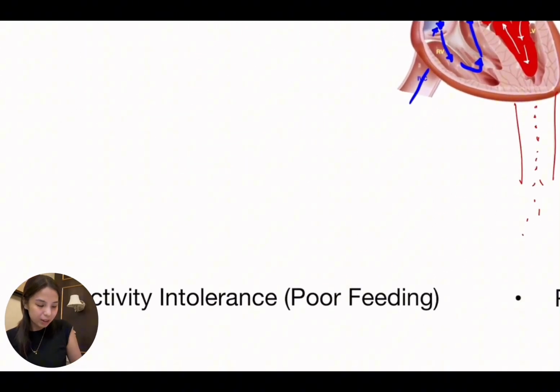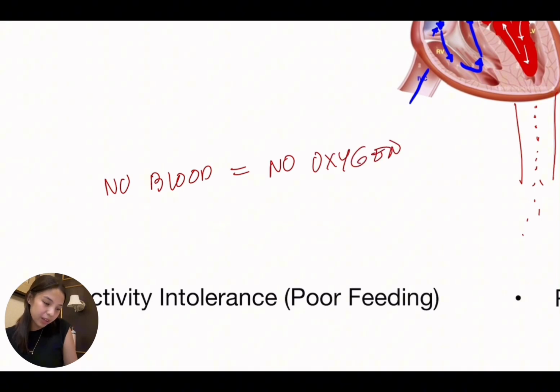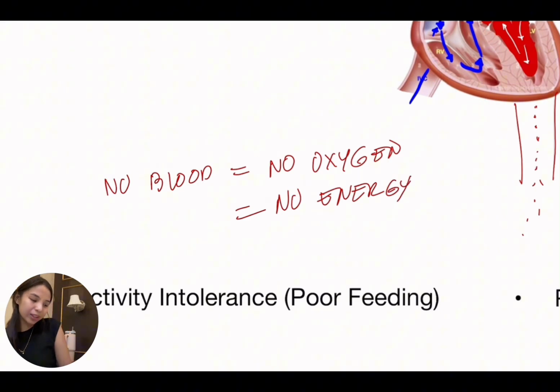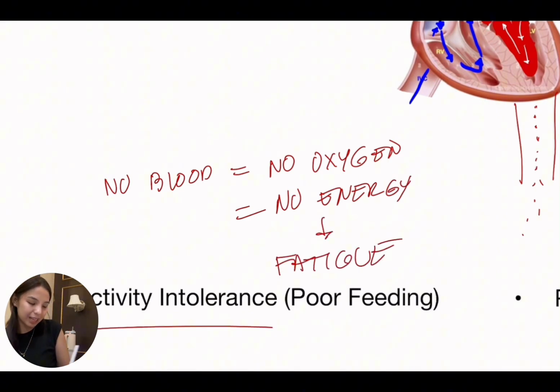And when there is little blood distributed, what does blood carry? Oxygen. And when there is no oxygen, there is no energy, which leads to fatigue, otherwise known as activity intolerance. And what is the only activity of pediatric patients? They sleep and they eat, they feed, right? They breastfeed.